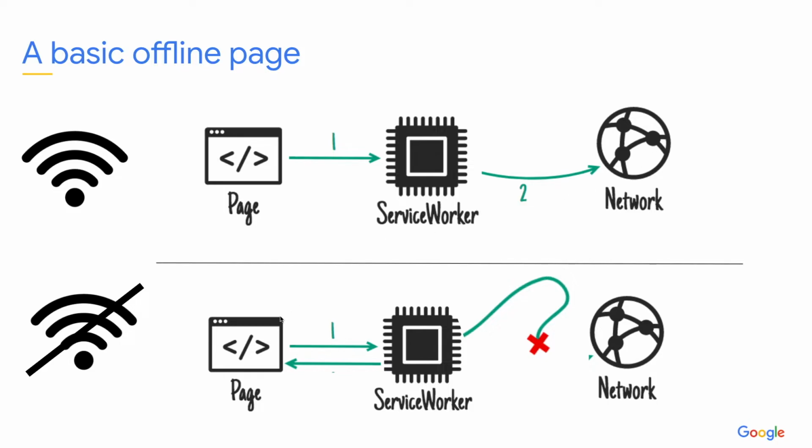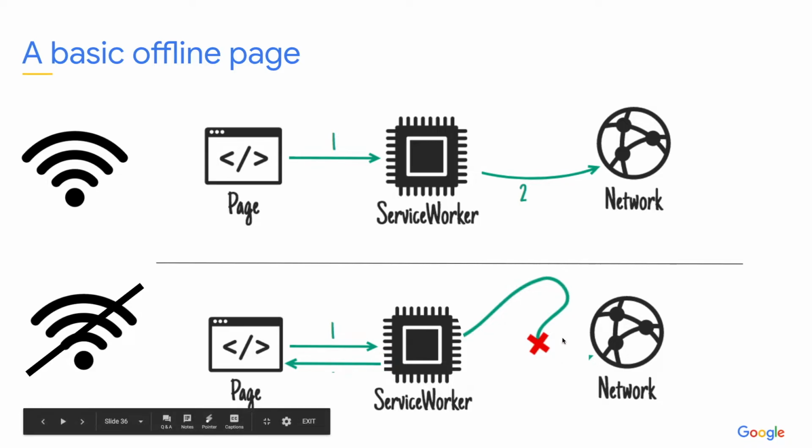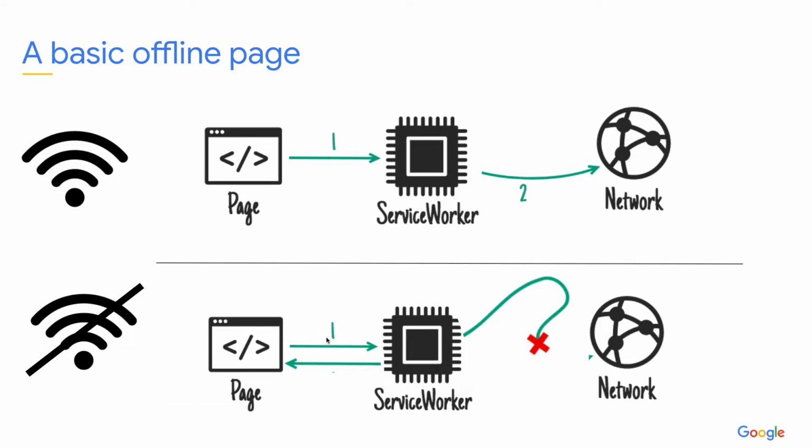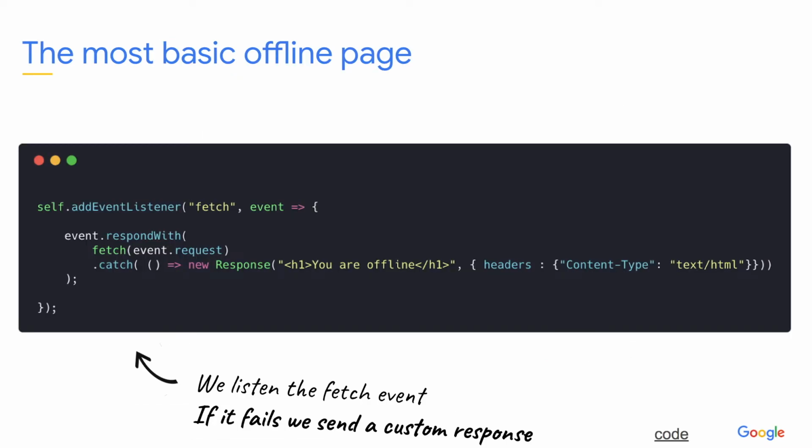If we lose our connection, the request will go through the service worker, try to go to the network, and it will fail because we are not connected to the internet. Then we can respond with something else from our service worker. This something else will be our offline page. Let's see the most basic offline page you can create.